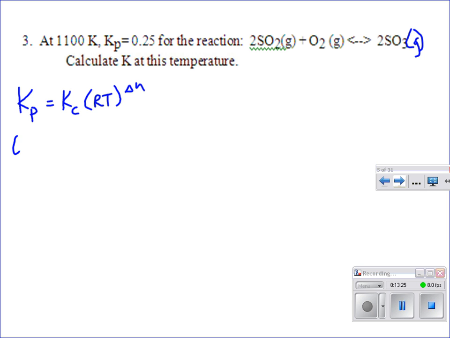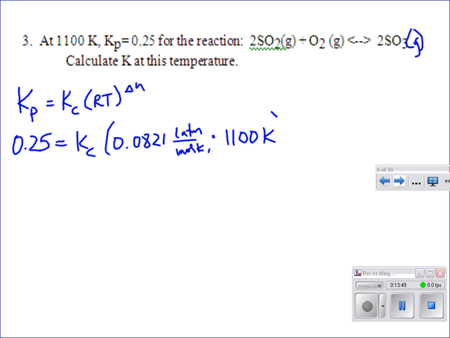So we have Kp. We're solving for Kc. What was R again? 0.0821 liter atmospheres per mole Kelvin. And then what is the temperature? 1100 Kelvin. And then we're going to raise that product to the delta n.